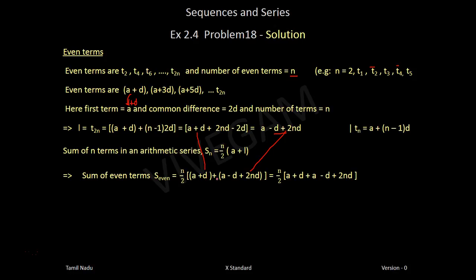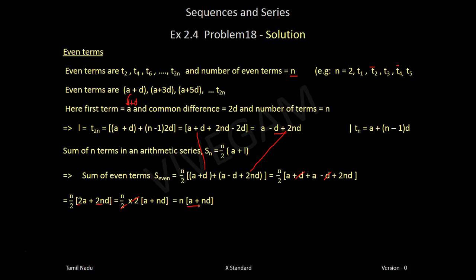So a plus d, this is a minus d plus 2nd. So what will happen? This and this will cancel. You will get 2a plus 2nd. So you will get n by 2 into 2a plus 2nd. 2 is common between these two, so you can take 2 out. So you'll get n by 2 into 2, and what is left out? a plus nd. And this 2 and this 2 will cancel. So n into a plus nd. So the sum of even terms is n into a plus nd.